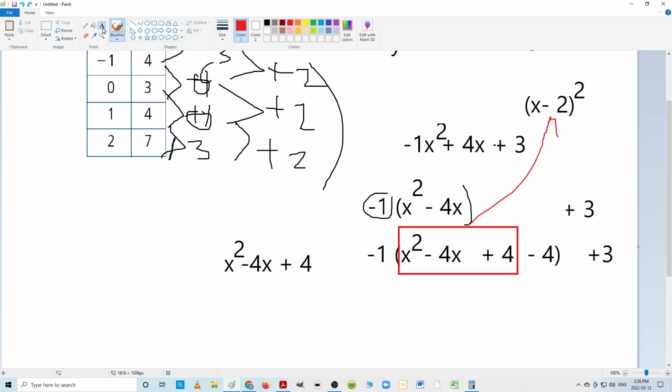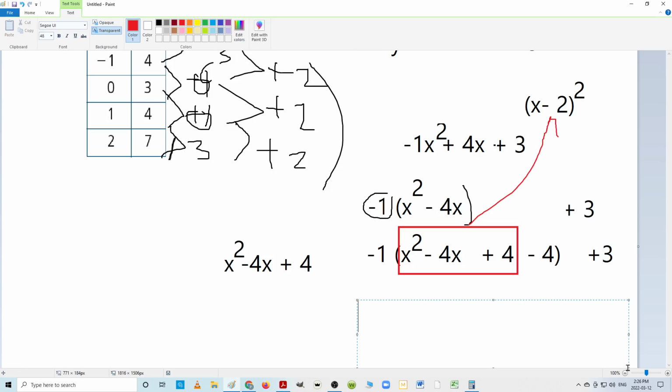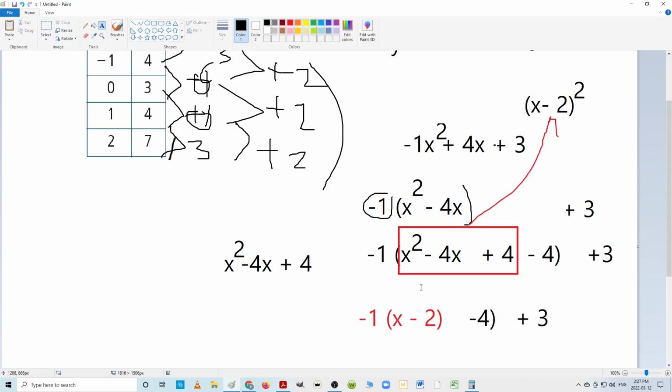So now I've got this, and it's got to be a little squared up here.